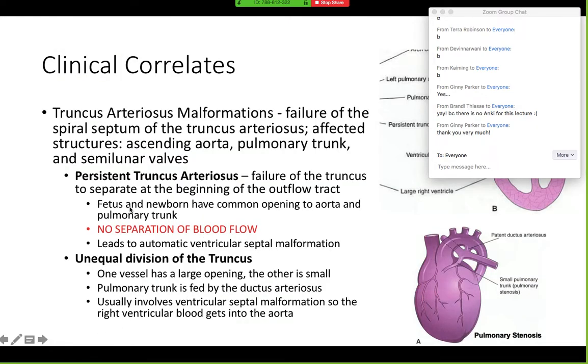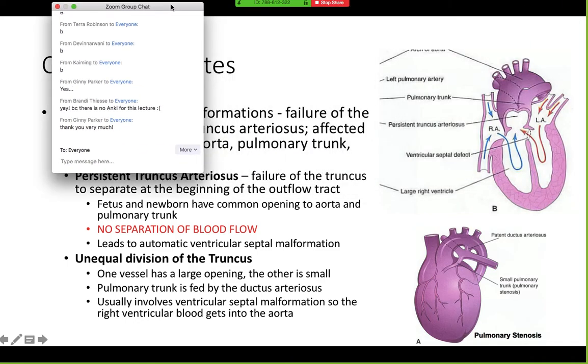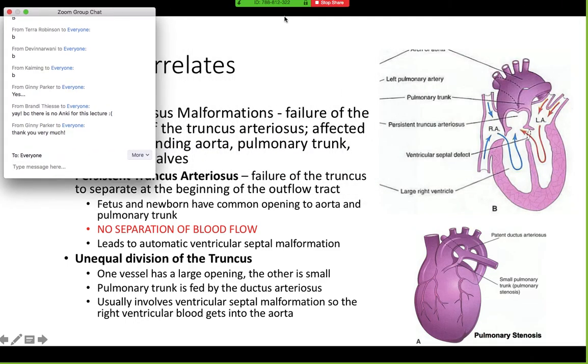Okay, persistent truncus arteriosus. So basically, you have no separation of blood flow. So there's no separation of the outflow tracts, and you can see that right here, persistent truncus arteriosus. Okay, and then unequal division of the truncus.